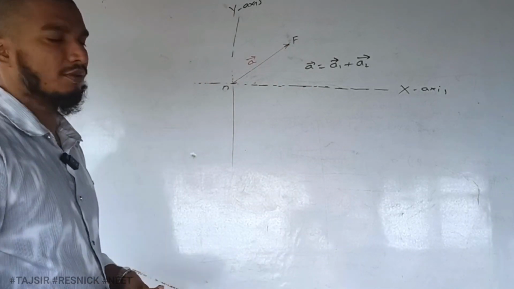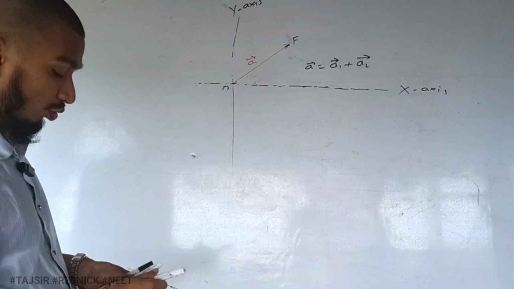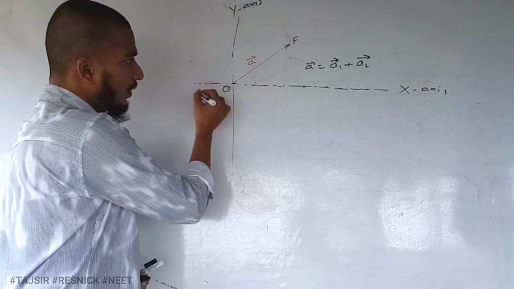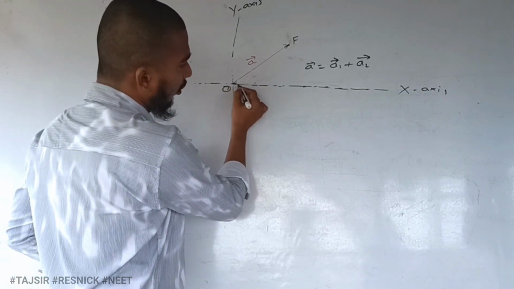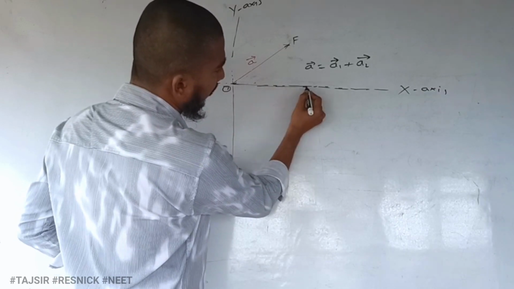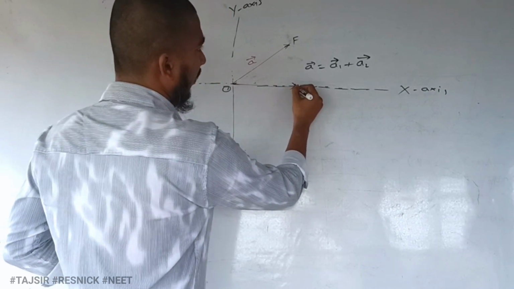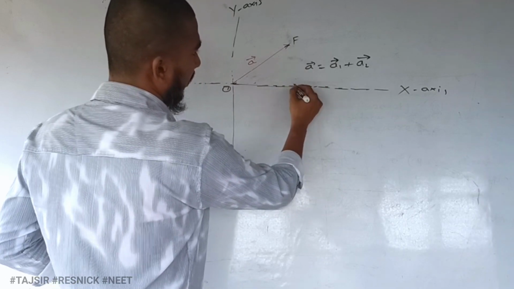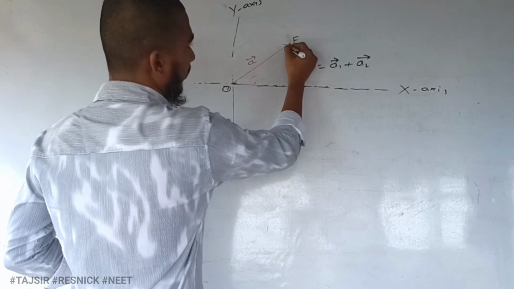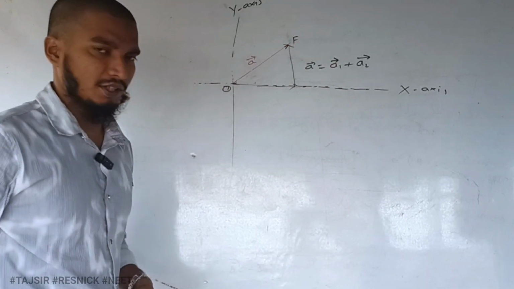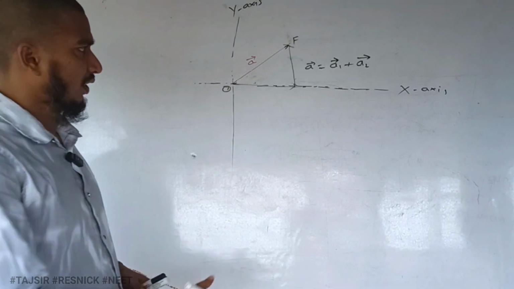For reaching from O to F, we can first move along x-axis to a certain distance, and then we can rise here, in y direction, ascend in y direction.